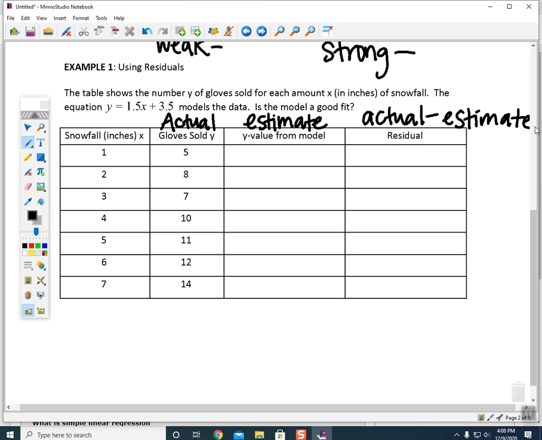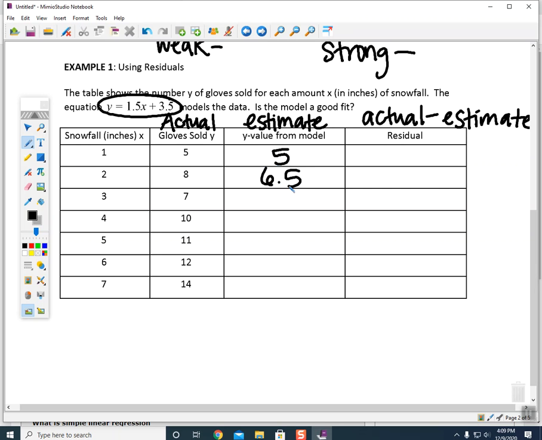So when 1 inch of snow falls, I'm going to plug this into my line of best fit, which is right here, 1.5x plus 3.5. So I plug 1 in, get 1.5 times 1, which is just 1.5, plus 3.5 is going to give me 5. Do the same thing with 2. 1.5 times 2 is 3. 3 plus 3.5 is 6.5.